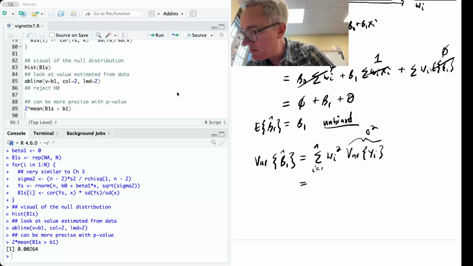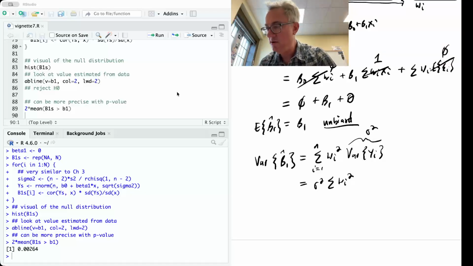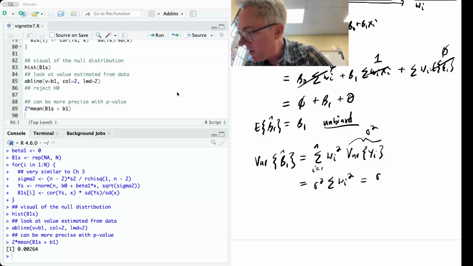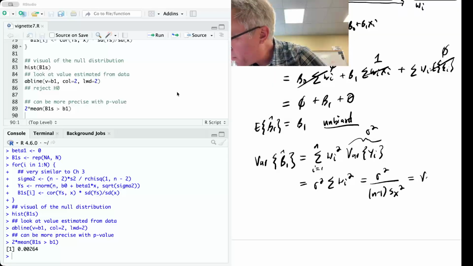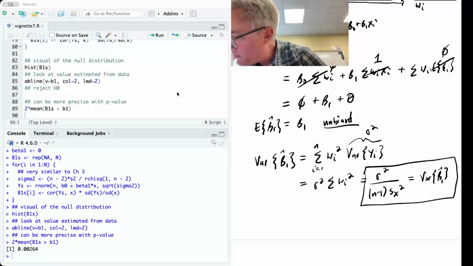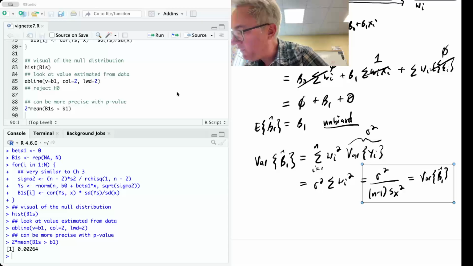So I'm going to get sigma squared times the sum of the weights squared, which, again, there's an identity provided in the book, but it's not too difficult to work out what the result is. So the variance of the estimate of the slope follows this formula.